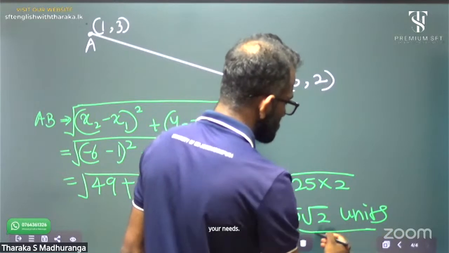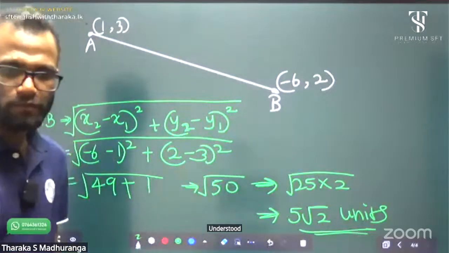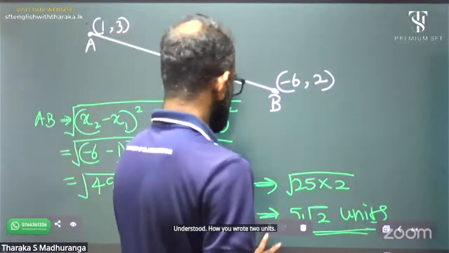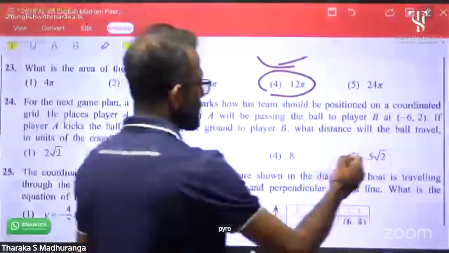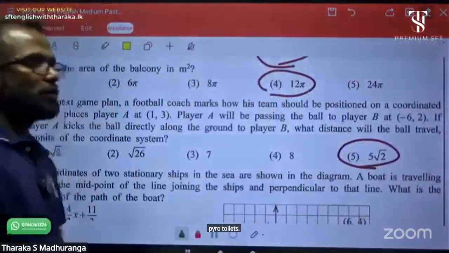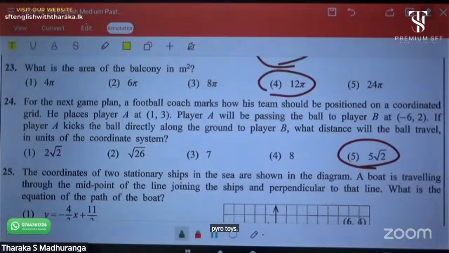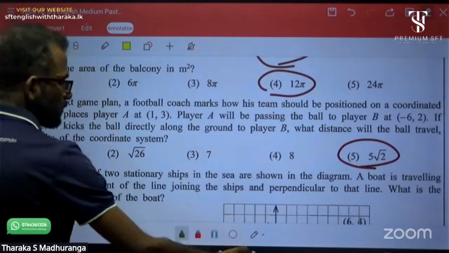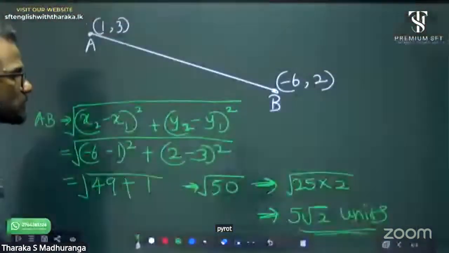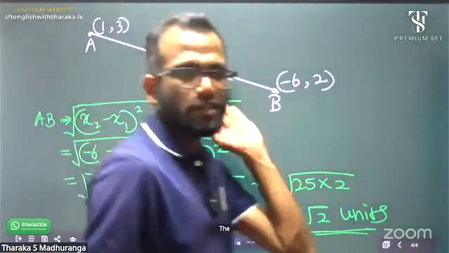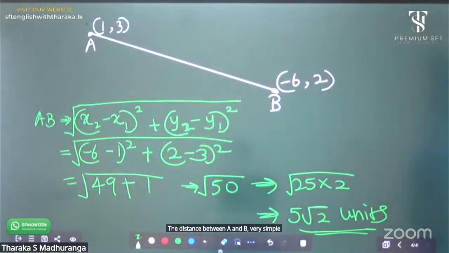Units. Understood? 5 root 2 units. The distance between A and B, very simple theory points.